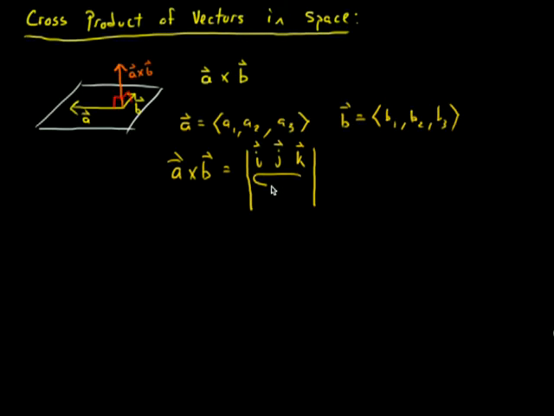And then each corresponding row will be the coordinates of the two vectors that I had. So it would be A1, A2, A3, and B1, B2, B3.